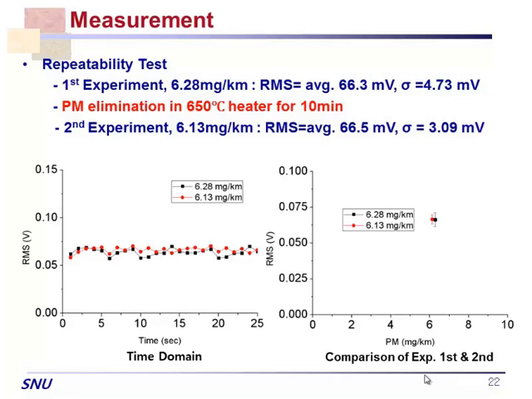And then for the repeatability test, we measure one time, and then eliminate the PM by using the heater. So it's heated at 650 degrees C for 10 minutes, and then redo it again. So it's quite close for both of these, out of the first and second one.